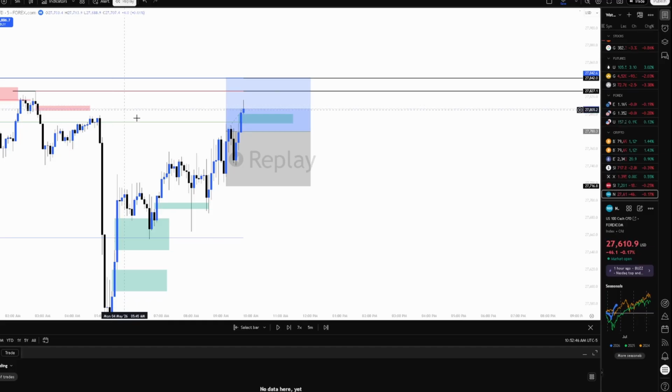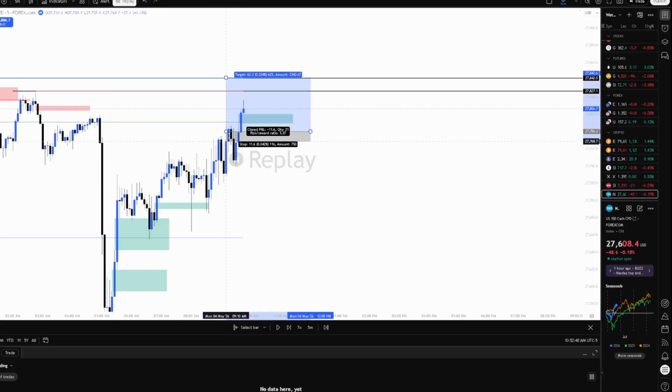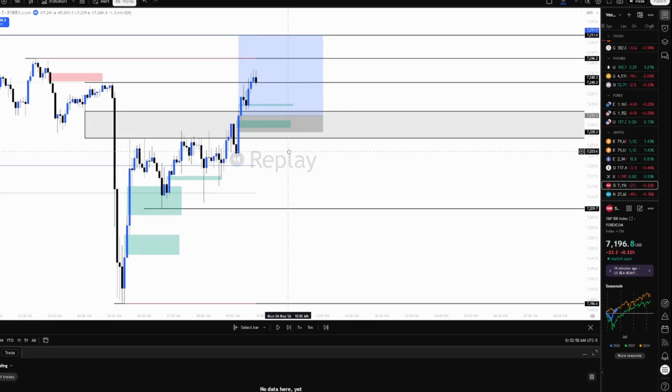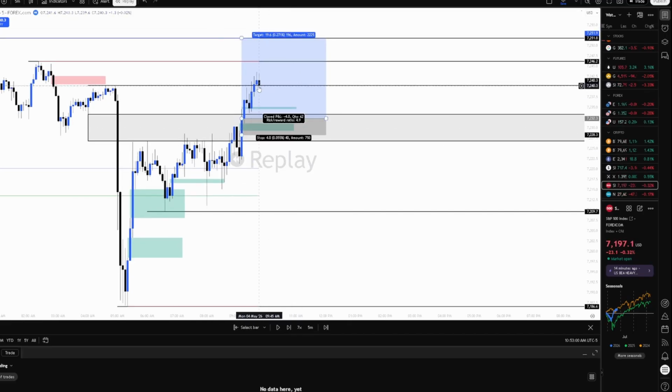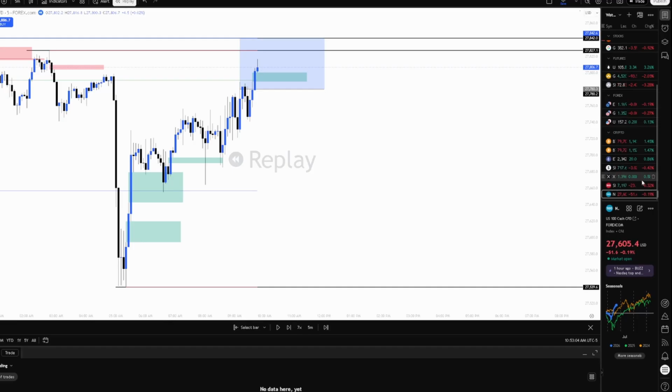And this is where my other partials get hit. This is my main partials. And I see this gap form. I'm break even. And I'm like, all right, I low-key got saved there. And ES is still kind of hovering above that one high. I'm like, all right.